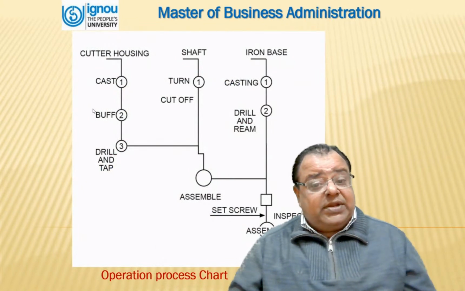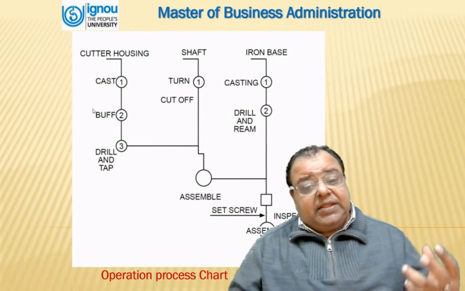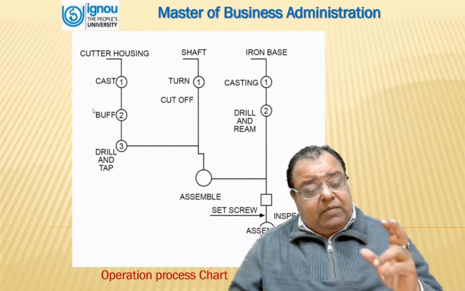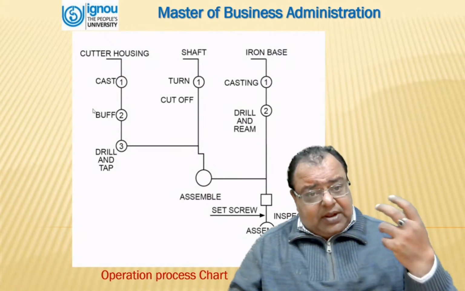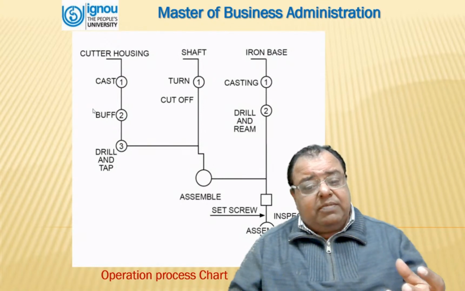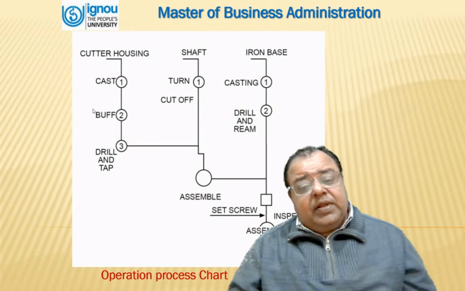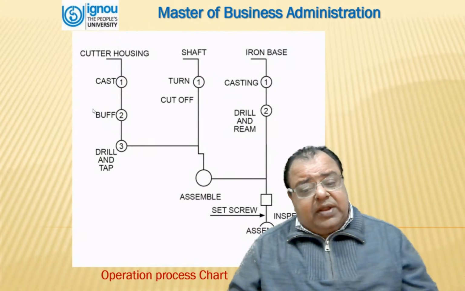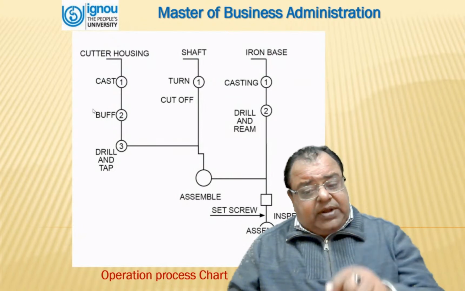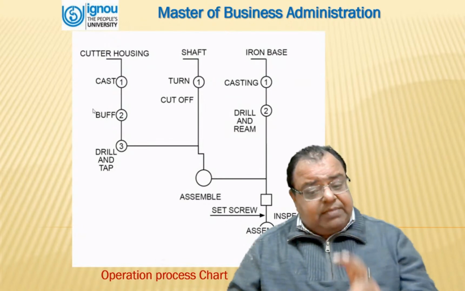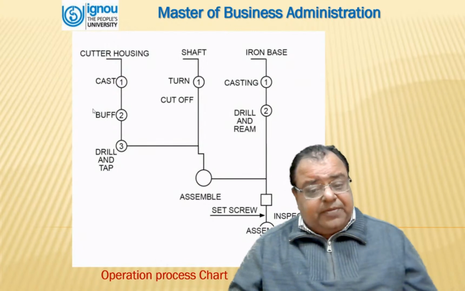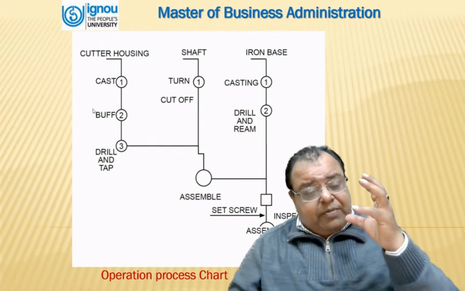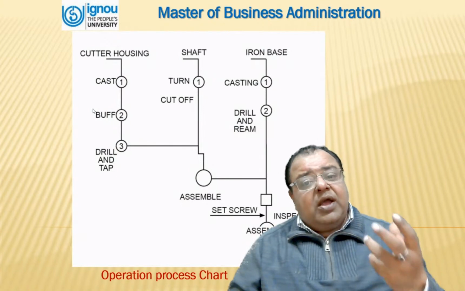There are three activities taking place, and from different stages, the material which is being transformed comes up, and you can see over there the inspection, the assembly is done, and again it is stored. So this is how a process chart is drawn or made.